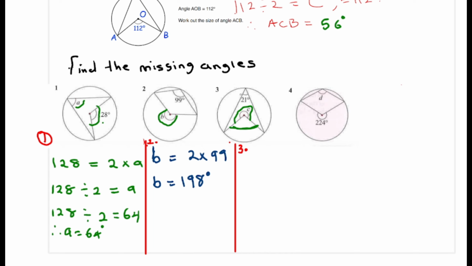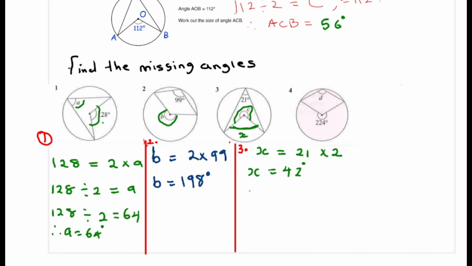Let's call this outer one x and this one c. We'll find x first. x equals 21 times 2, which is 42. So x equals 42 degrees.